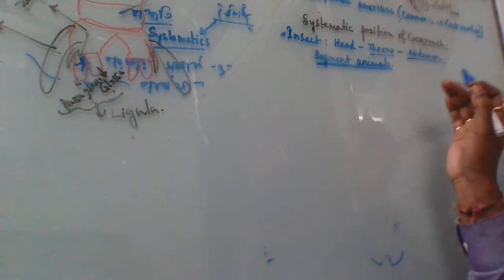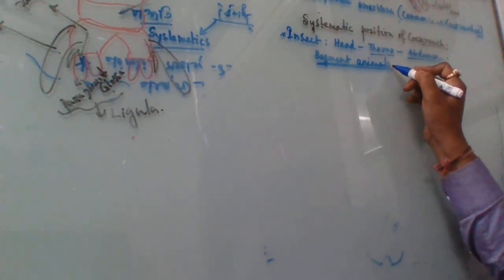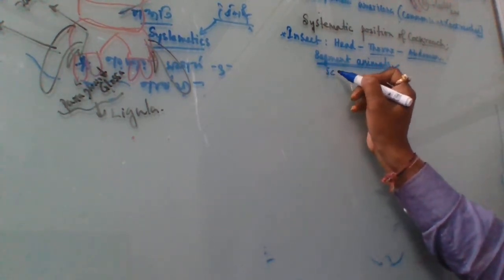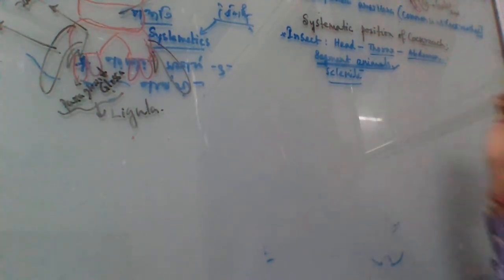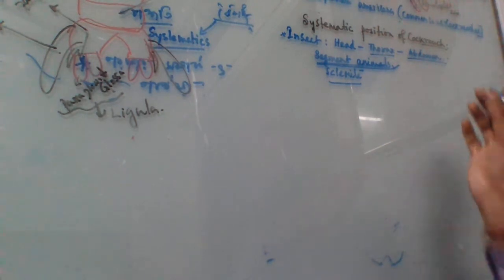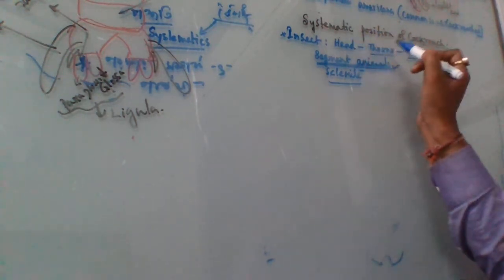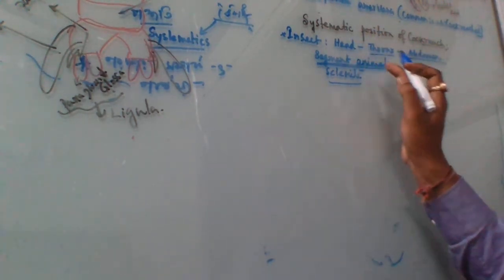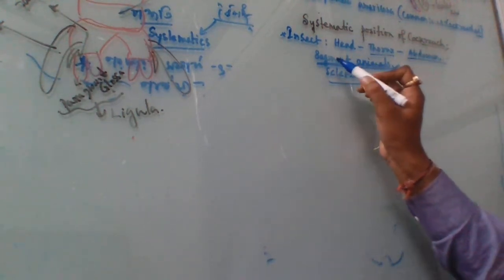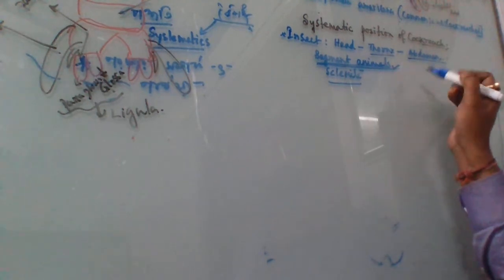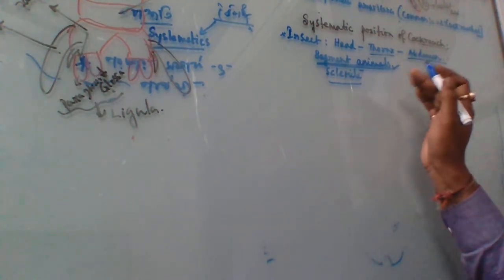We call it sclerite. They have three regions: head, thorax, abdomen. The body is covered with a hard exoskeleton, sclerite. They have segmented, ring-like body segments.